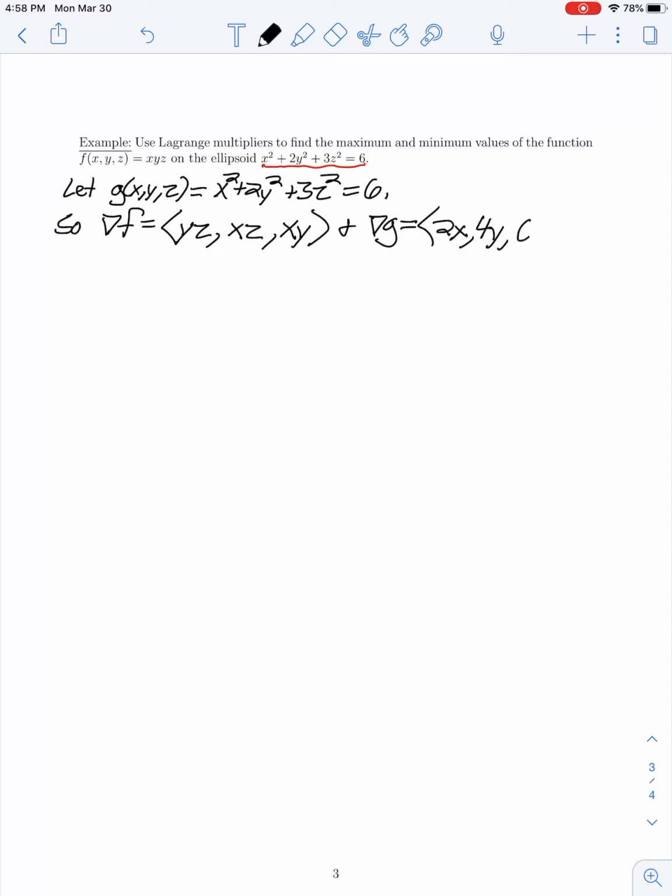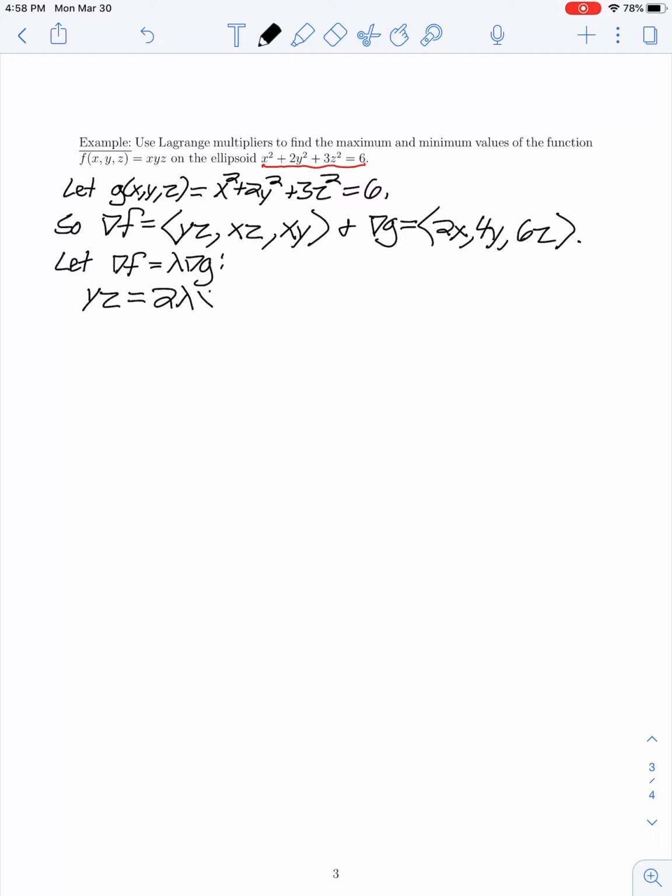And the gradient of this constraint function g is the vector 2x, 4y, 6z. So using the method of Lagrange multipliers, we need to let the gradient of f equal a constant lambda times the gradient of g. Which leaves us with a system of equations.